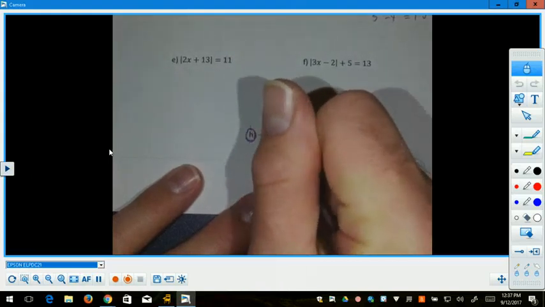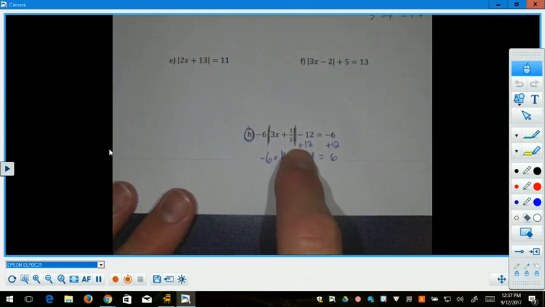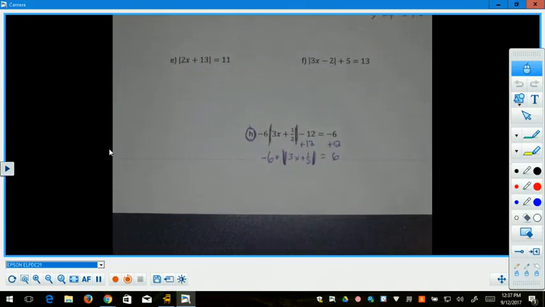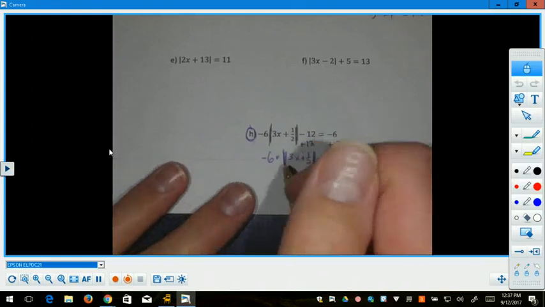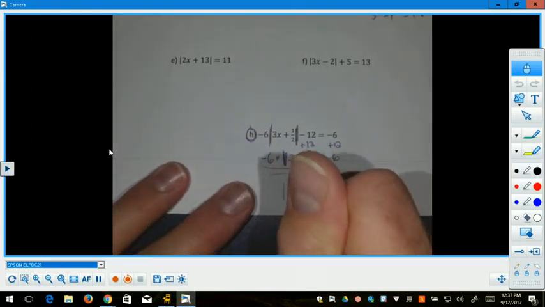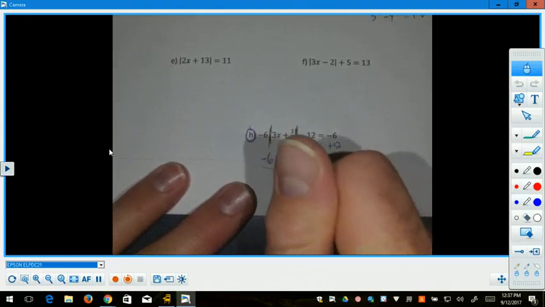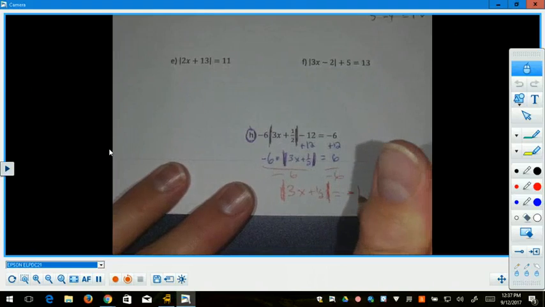I don't really care about that, though, other than to copy it down. So now I have negative 6 times this thing equals 6. So what am I going to do? Divide by negative 6. The absolute value of 3x plus 1/2, again, don't worry about what's inside yet, equals negative 1.